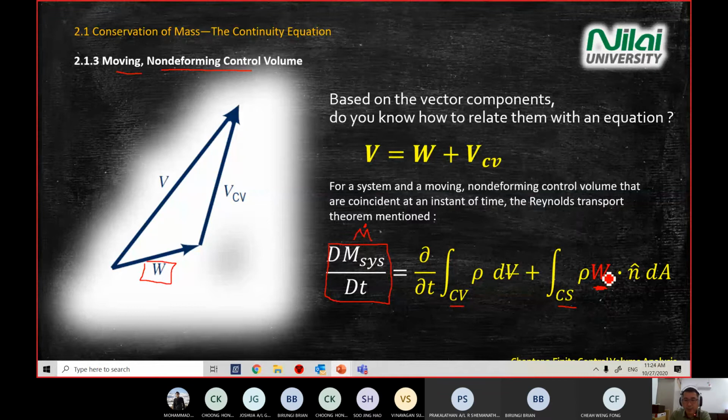I highlight it with the red color. And then what is the relationship of W in this vector diagram? Which is V equal to W plus V_CV. So previously we only focused on V, in previous slides. Now we have two more terms to focus on, which are W and V_CV.